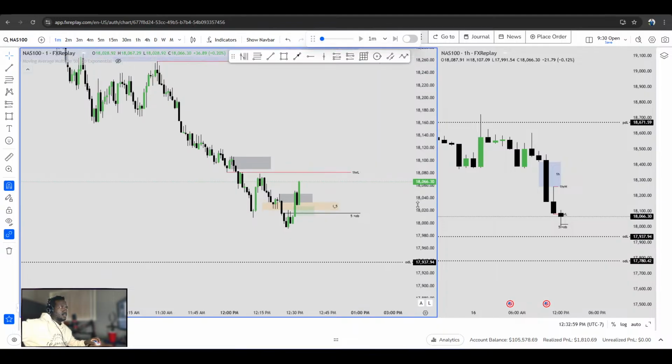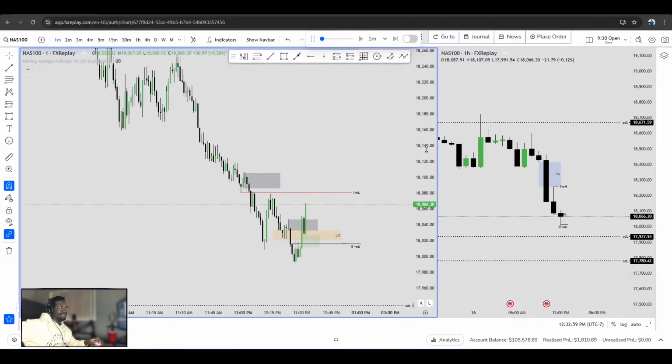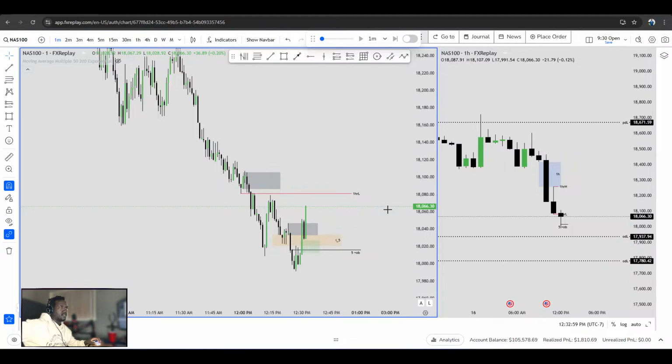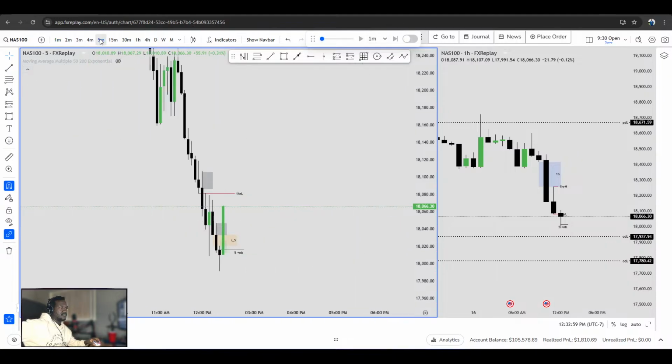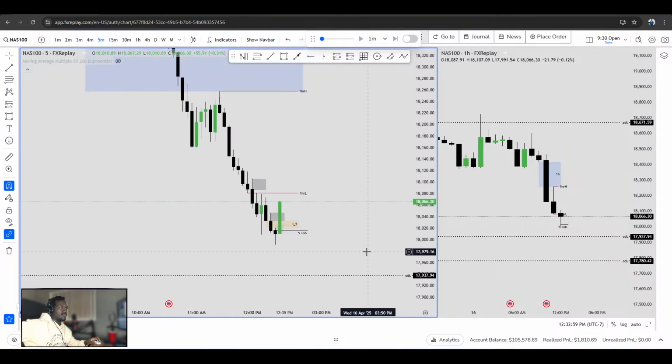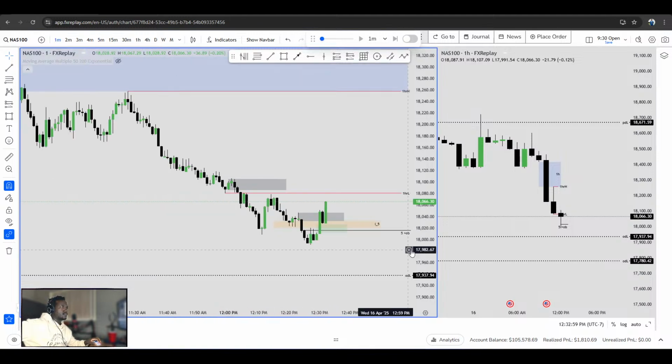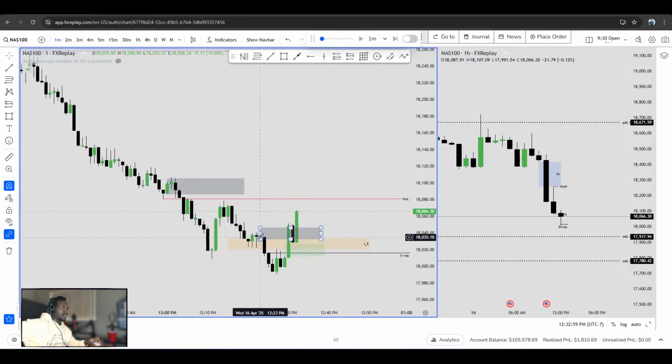Beautiful. So this right here, man, could be this trade going without me, because that was supposed to be the entry right there, but I'm just playing too many games. 5-minute order block confirmation right there. The 1-minute bounce zone was this one.